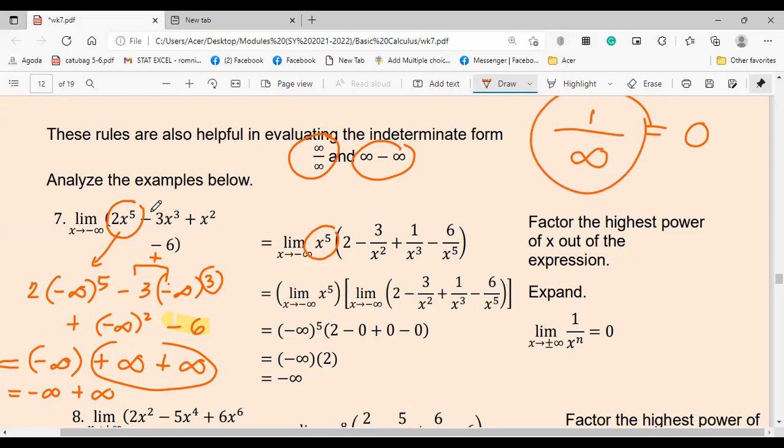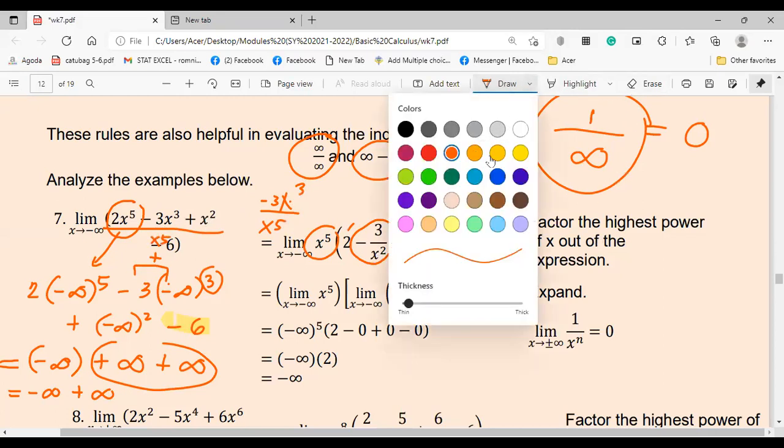2x raised to 5 divided by x raised to 5 is 2. So negative 3x raised to 3 divided by x raised to 5 is 3 over x squared. In other words, when you divide everything by x raised to 5, this is what remains.